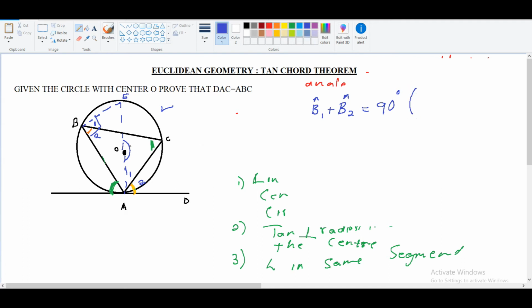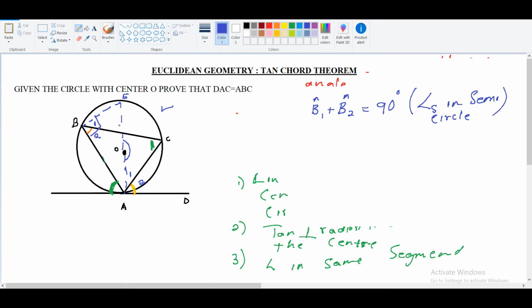So you can say the angle at the center is twice the angle at the circumference, or you say angle in a semicircle. This is a half circle. If you divide it through your center, then you have a half circle. So you can say angle in a semicircle is 90.